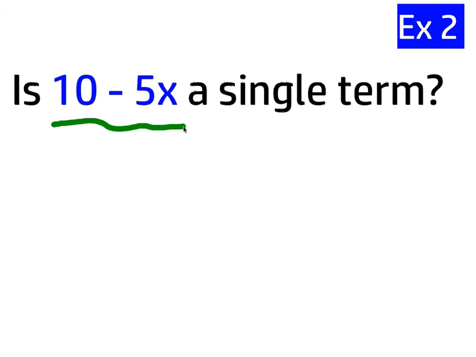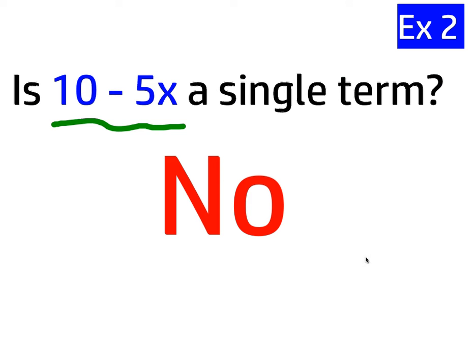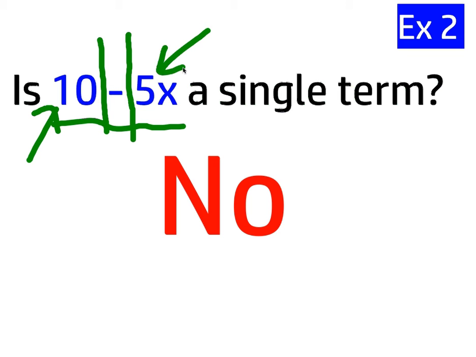Okay, next example. Is 10 minus 5x a single term? Answer is no. Okay, now why is it no? Because we have a subtraction sign. Here's the subtraction sign, and so sometimes what I do is I will just draw a line between the two terms. So 10 would be one term and 5x would be the other. And the 5x is being subtracted.